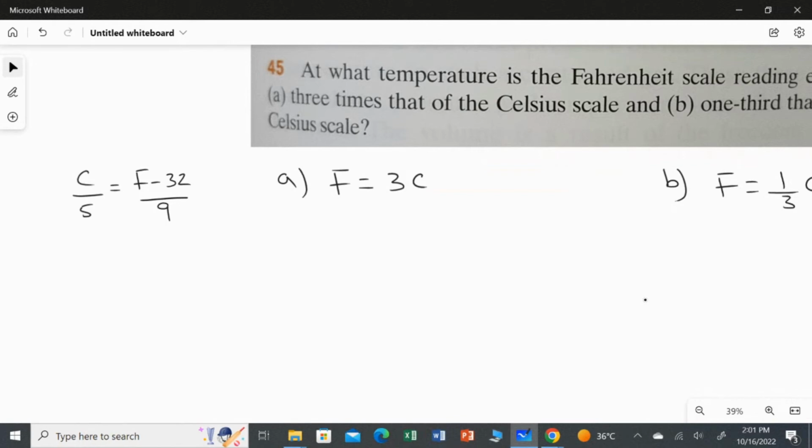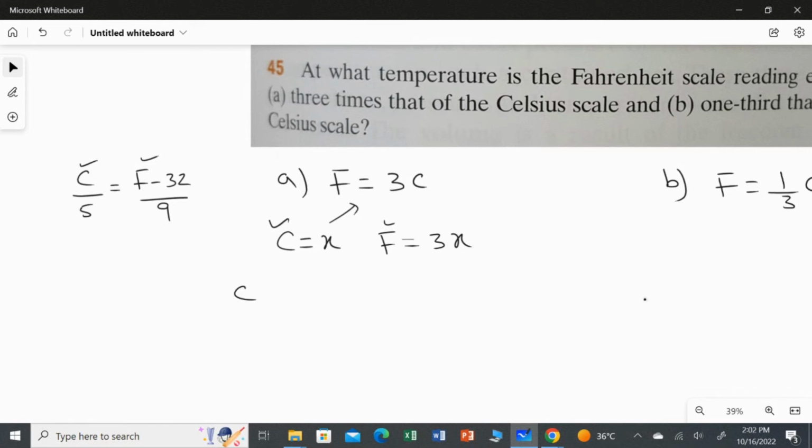I'm going to use this formula for both A and B. Before we use this formula, we have to do some small mathematical steps. I am going to take my Celsius as X. By that, this equation will become F equal to 3 times X. Now, I am going to use this Celsius here, and this Fahrenheit as 3x here.